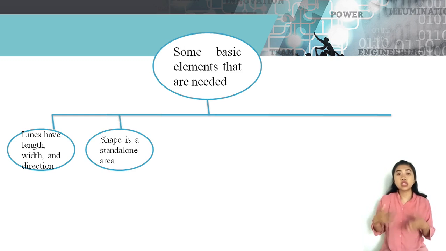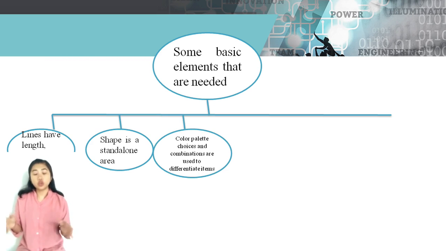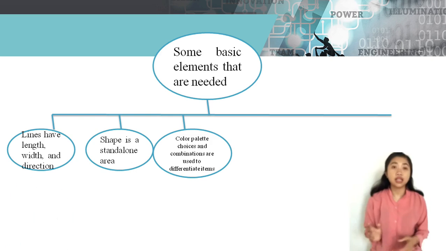Shape is a standalone area determined by lines and differences in color and texture. And the third is color palette choice and combination. Color palette choice and combination are used to differentiate items, create depth, add emphasis, and organize the information.